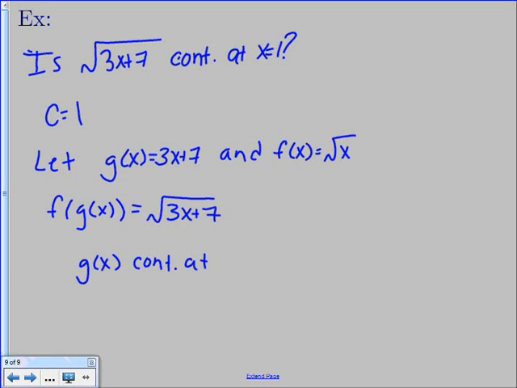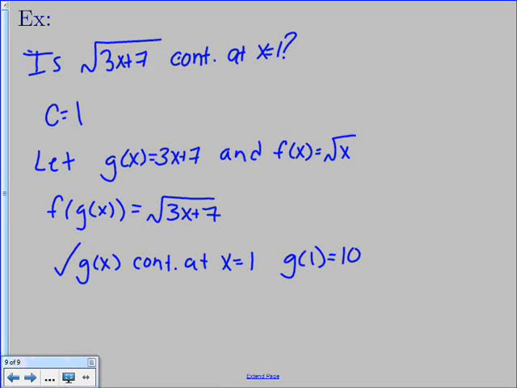And I can tell you that so quickly because g of x is a polynomial. Polynomials are continuous everywhere, so we don't even have to look any further. So g of 1, if we plug in, gives us 3 plus 7, or 10. So now we need to see if f of g of 1 is continuous.